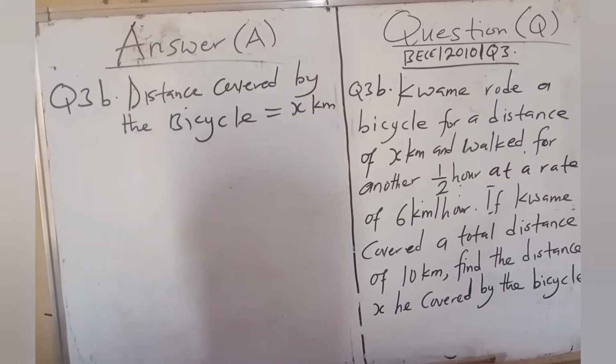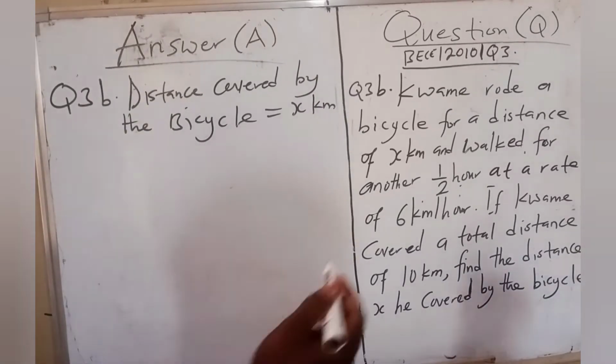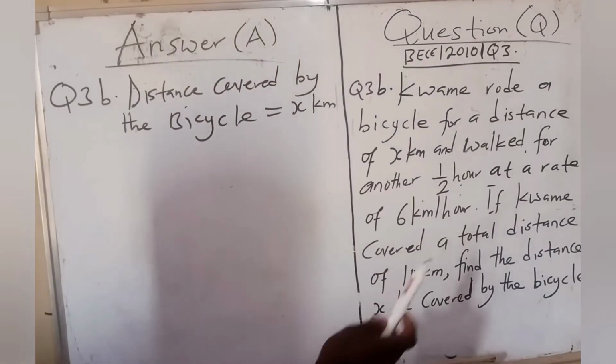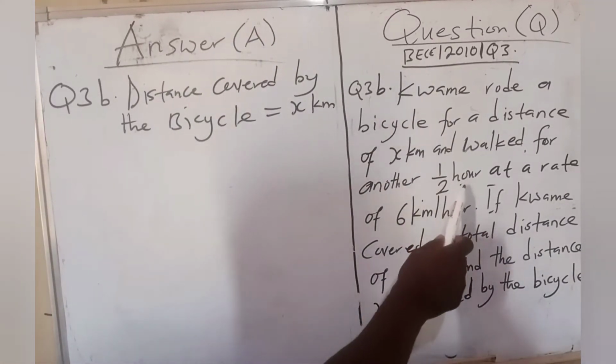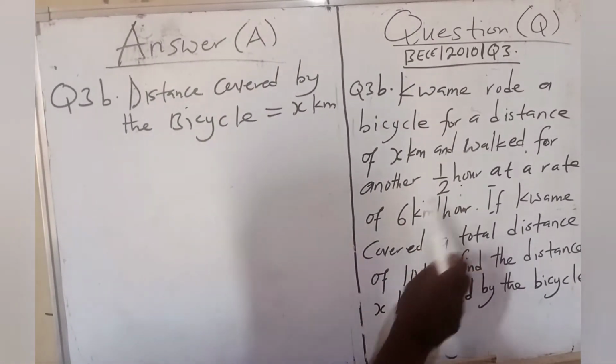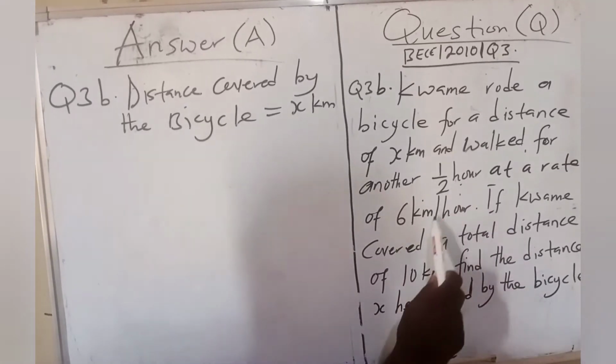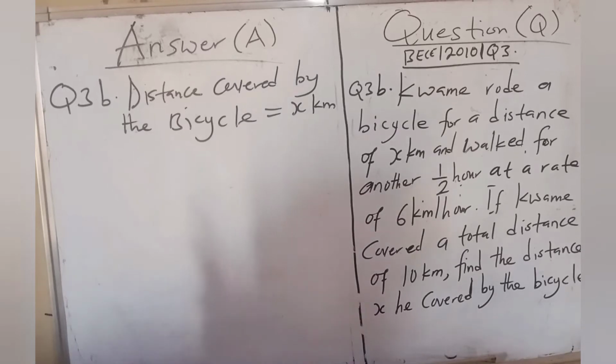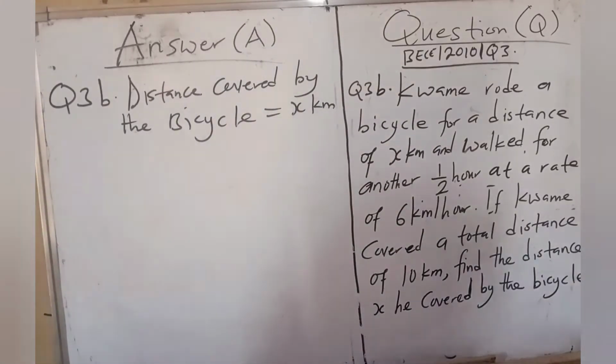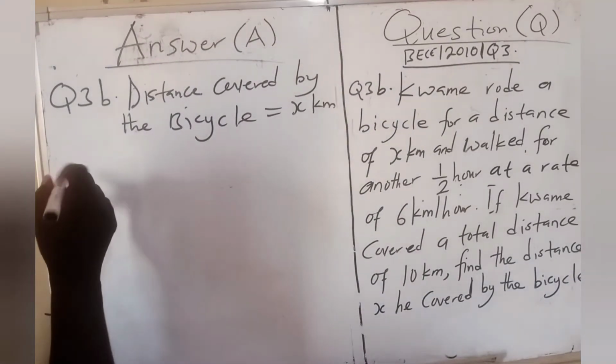Now, in the question, we are told that he walked for another half hour at a rate of 6 kilometers per hour. So this is the time and this is the rate at which he walks. So we need to find the distance that he walked.